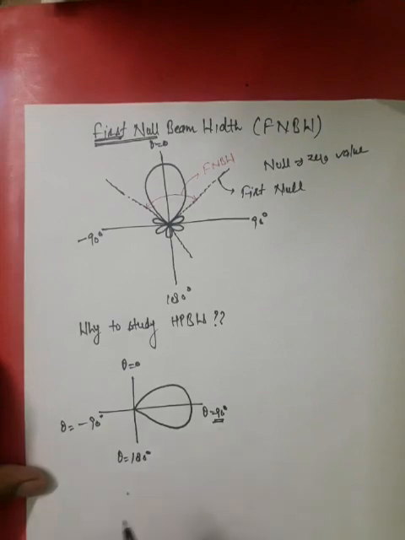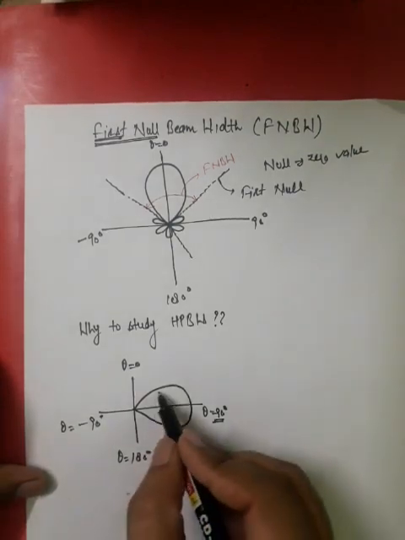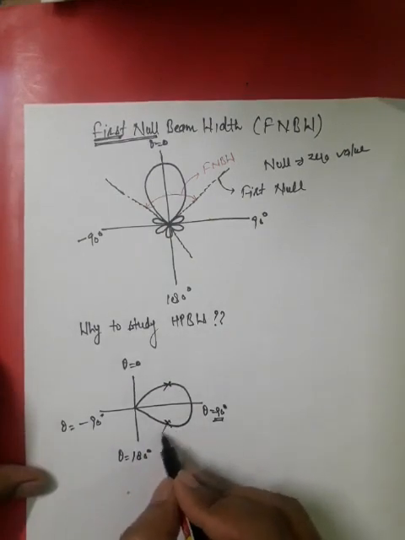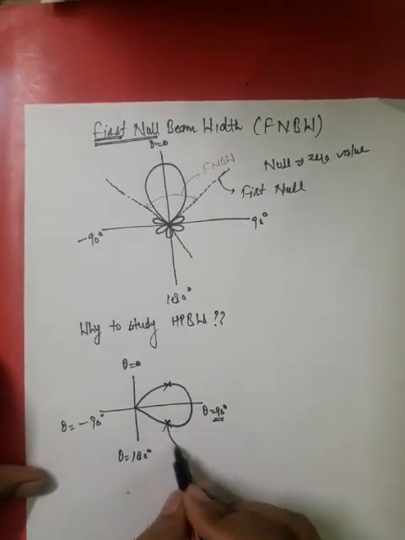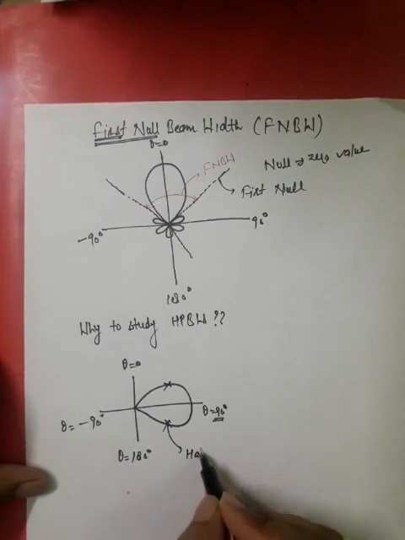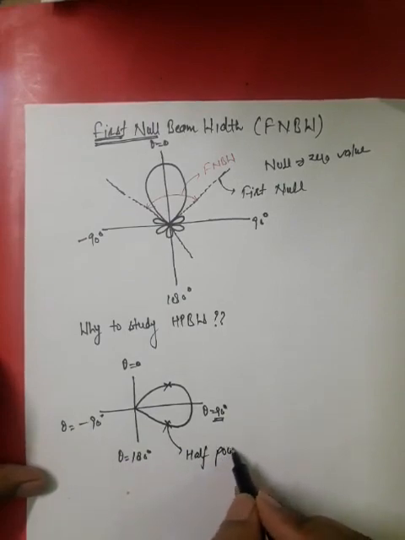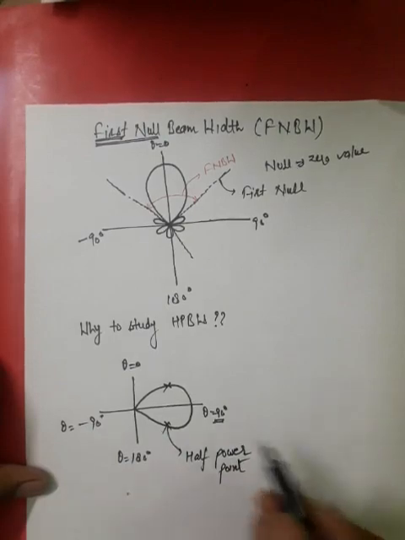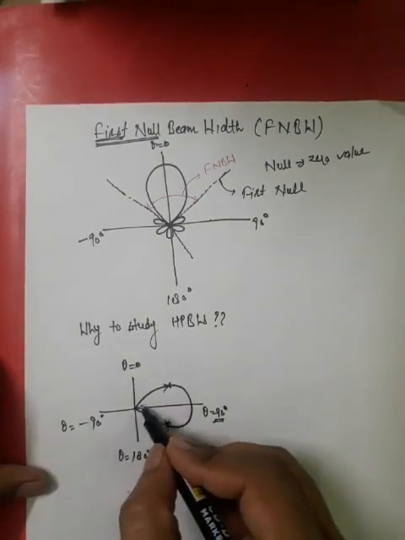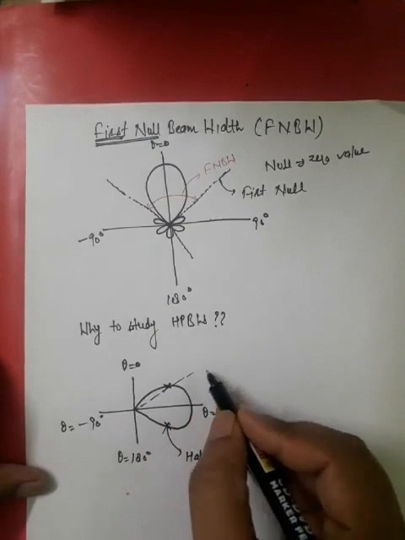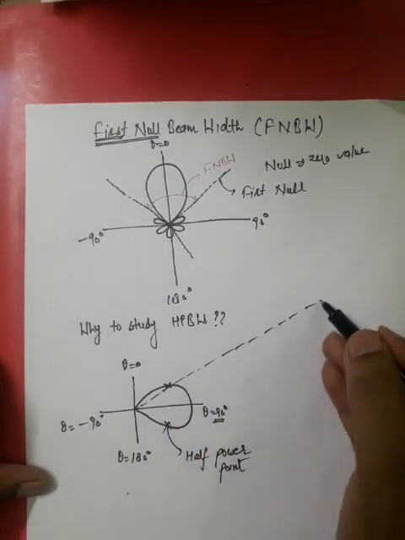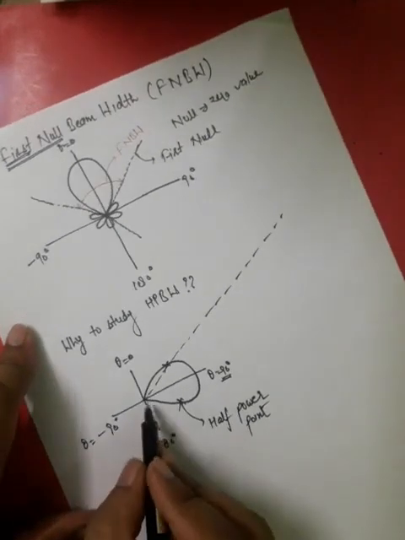Now I will consider here that these are my half power points. So it means I will draw this line somewhat longer.